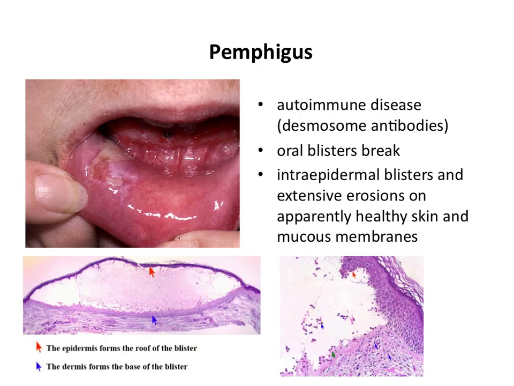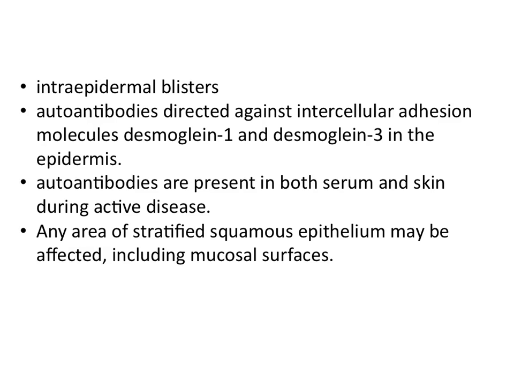Pemphigus here is an autoimmune disease against desmosomes. You've hopefully had the epithelial structure explained a bit in histology and pathology, but it leads to basically intraepidermal blisters and extensive erosions in apparently healthy skin and mucous membranes.